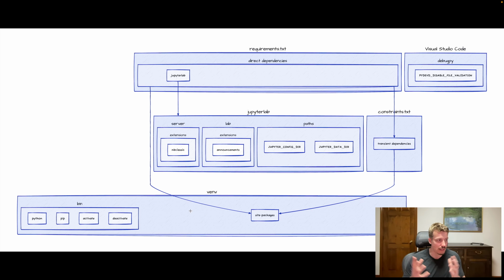Python is the language runtime itself, and pip is the Python package manager. There's others, but this is the one that comes with Python. And there's these two shell scripts, activate and deactivate. We'll talk about what those are, and then site-packages, and that's all the packages that you install. So you'll have a file called requirements.txt. You don't need it, but it's a useful file to have, so you can list out all the packages that your application needs to run.